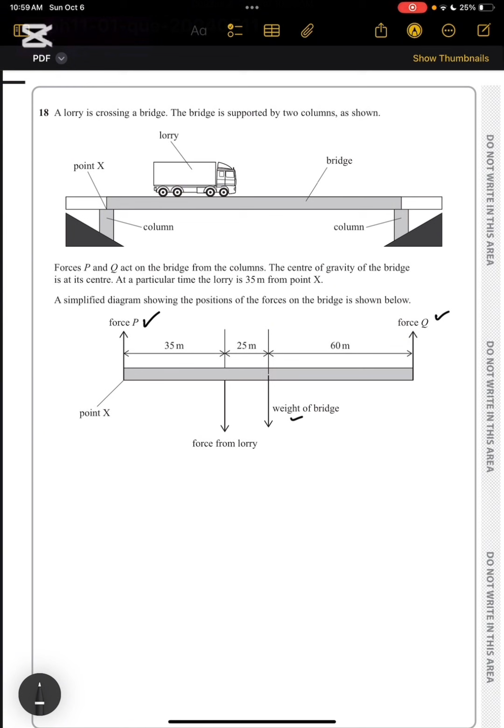At a particular time, the lorry is 35 meter from point X, and this is that part when the lorry is 35 meter from the point X. They have set a simplified graph showing the position of the force on the bridge, shown below.